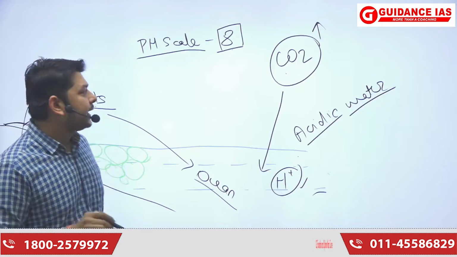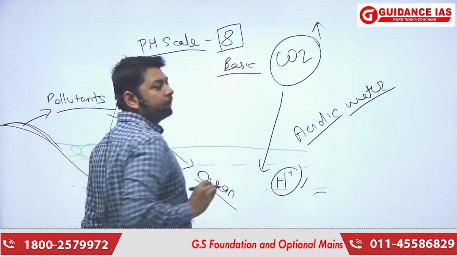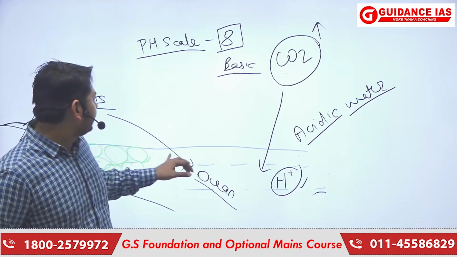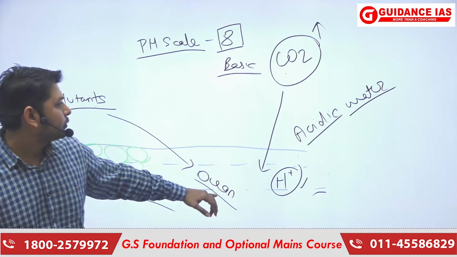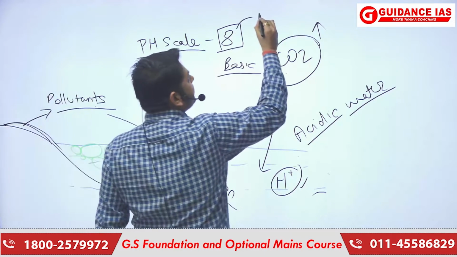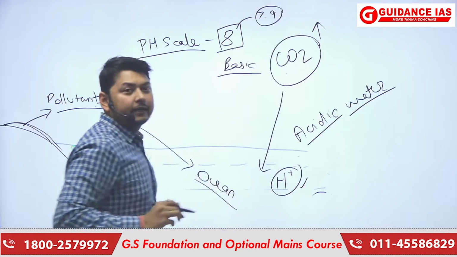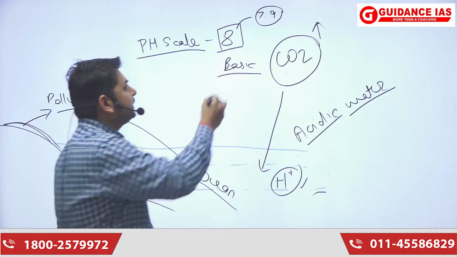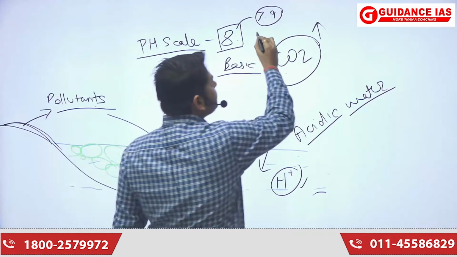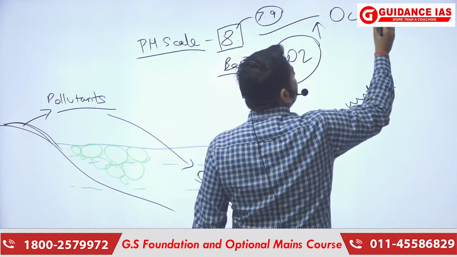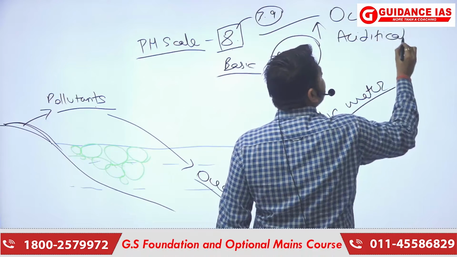The ocean is not acidic, it is basic. But because of the increased pollutants and CO2 inside the ocean, this pH has reduced from 8 to 7.9 after the Industrial Revolution. This drop from 8 to 7.9 is termed ocean acidification.